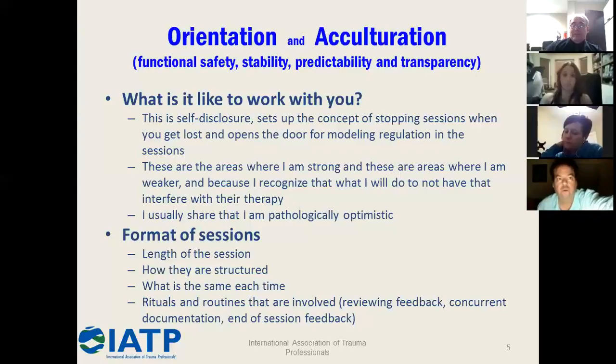I have things that I'm pretty weak in, and because I recognize that about me, I'm going to work really hard at paying extra attention to this particular situation, so that I don't let that interfere with your therapy. And I also usually share with people that I'm pathologically optimistic.